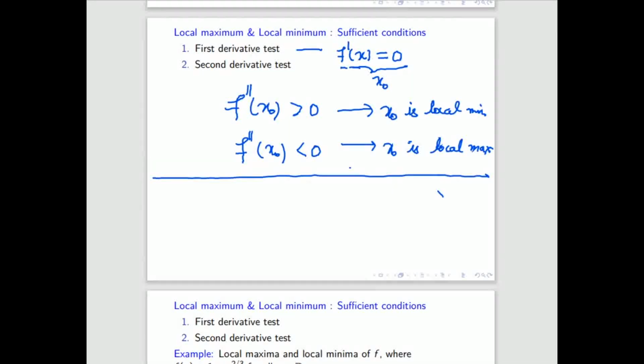So for anyone who has never seen this result: first find the derivative, put it equal to 0, solve for x, and you will get some points. Then check the double derivative sign. Based on the sign, you can conclude whether that point, obtained by solving f dash x equal to 0, is a local maximum or local minimum.